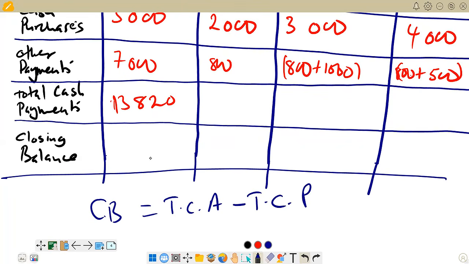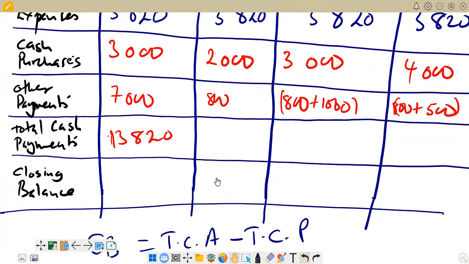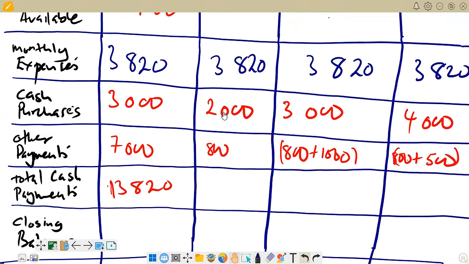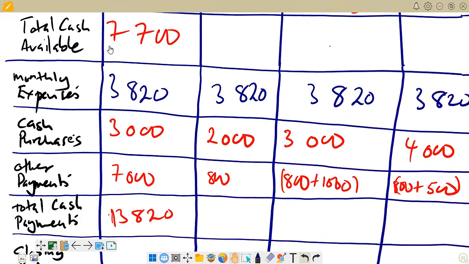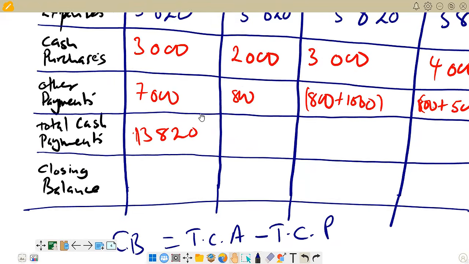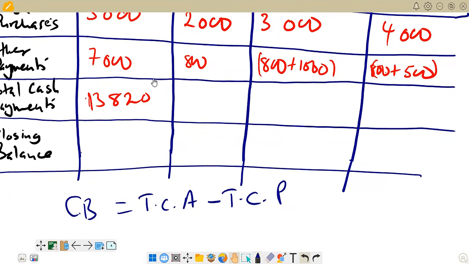Here in January, our total cash available is 7,700. Then we subtract 13,820 to get our closing balance.